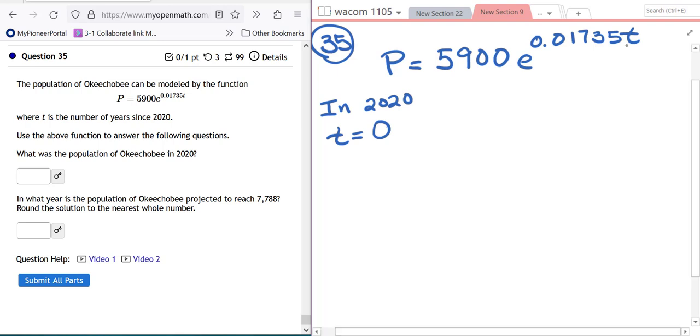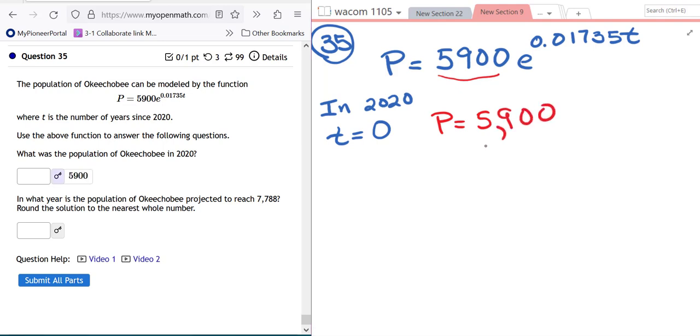And so if t is 0, anything times 0 is 0. E to the 0 is 1, which means this number right here is your original one in the model, right? So for the first answer, so in t equals 0, it is 5,900. All right.